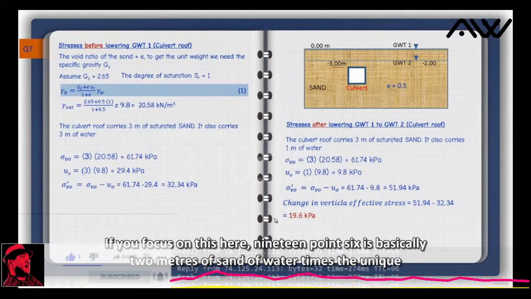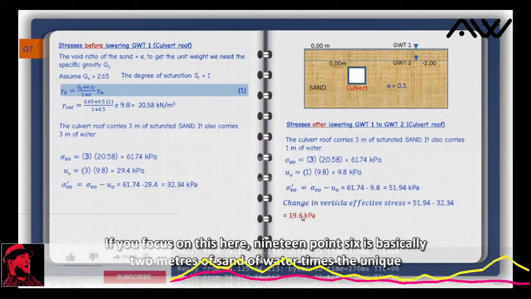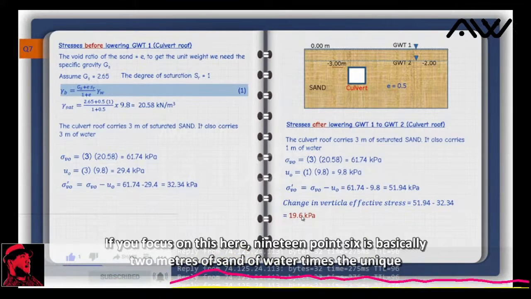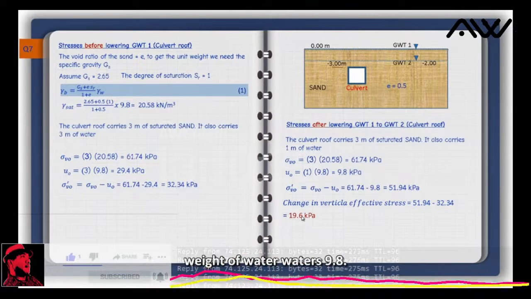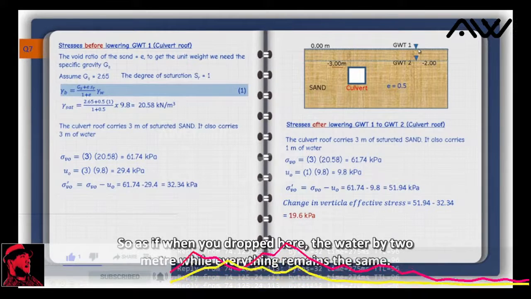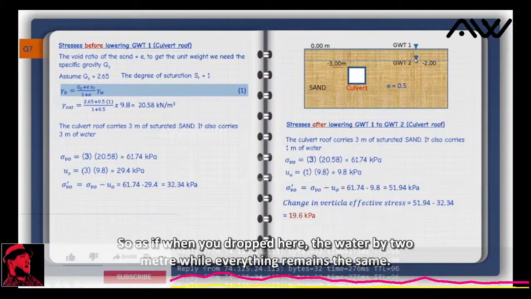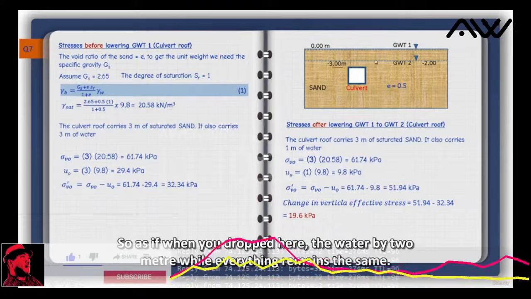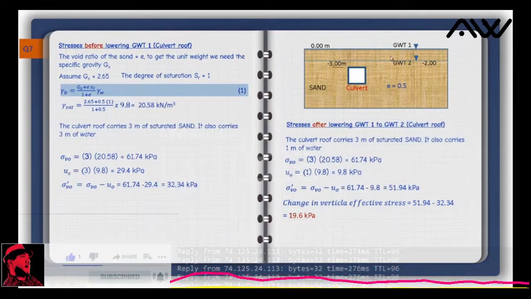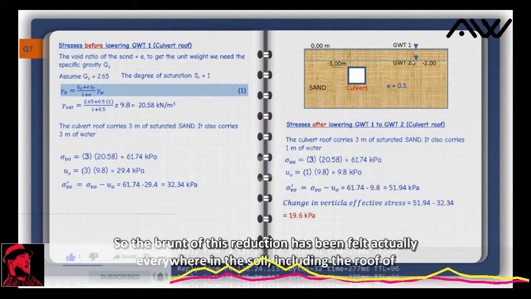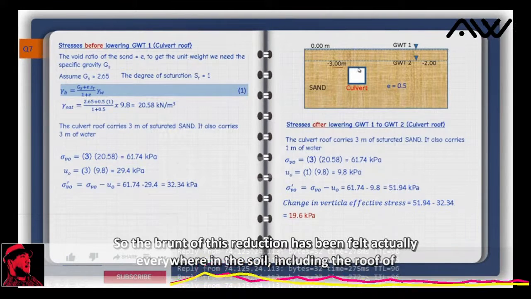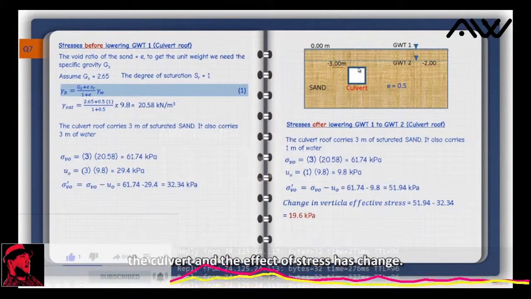If you focus on this, 19.6 is basically 2 meters of water times the unit weight of water, which is 9.8. So it is as if you drop the water by 2 meters while everything else remains the same, so the brunt of this reduction is felt everywhere in the soil, including the roof of the culvert, and the effective stress has changed.